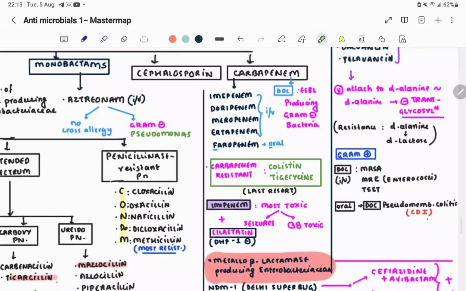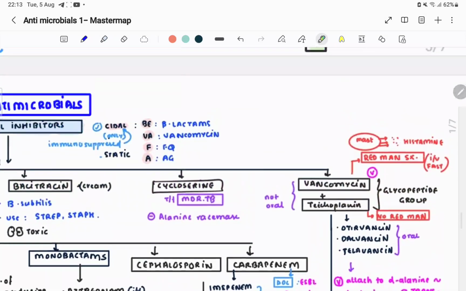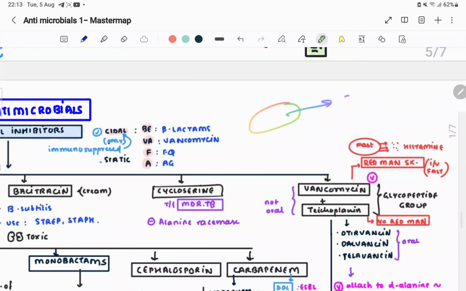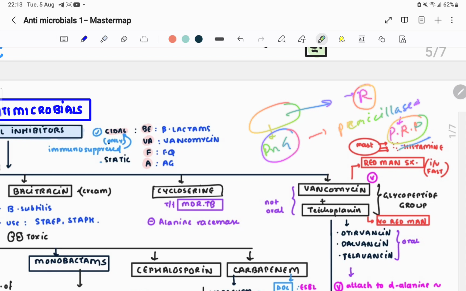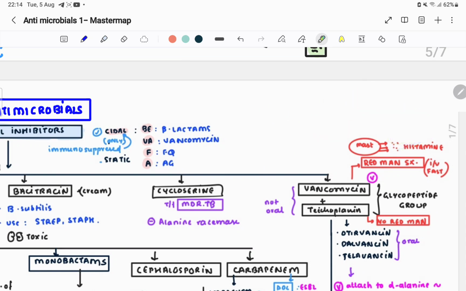But let's say a bacteria becomes carbapenem resistant. Remember, whenever bacteria are becoming more and more resistant, we were using penicillin G. It became resistant and produced penicillinase. We gave penicillinase resistant penicillins: cloxacillin, oxacillin, dicloxacillin, nafcillin.